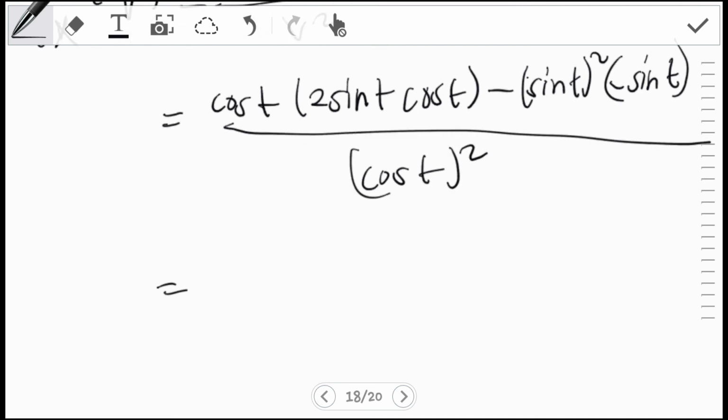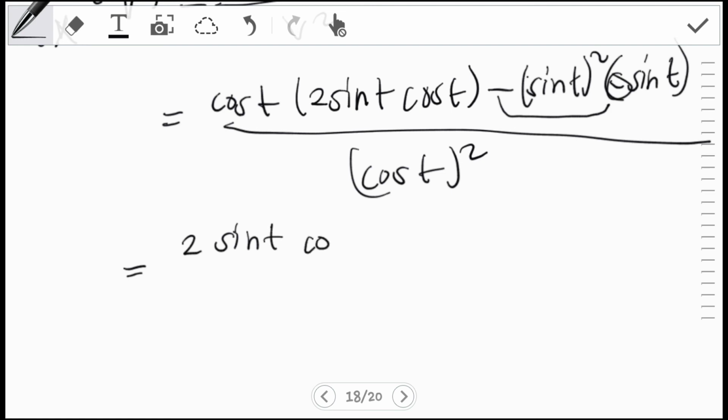So simplify, equals 2 sine t cosine squared t over cosine squared t.